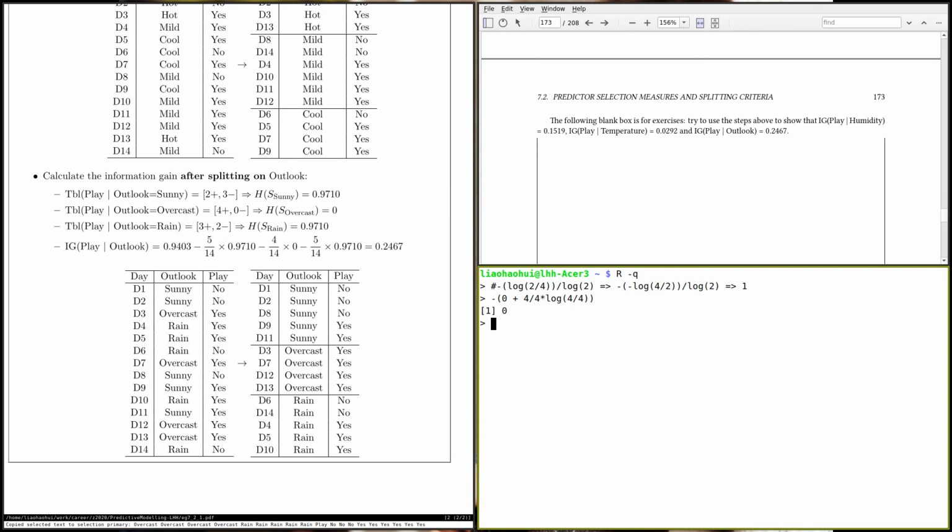Therefore, for sure this must be 0. You can see I didn't do division by log of 2 because dividing 0 by log of 2 is still 0. So that is how we get a 0 here. The rest are the same and the whole calculation is the same. I'll temporarily break here and then continue with more examples later.